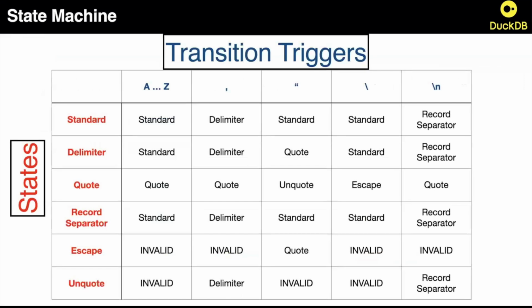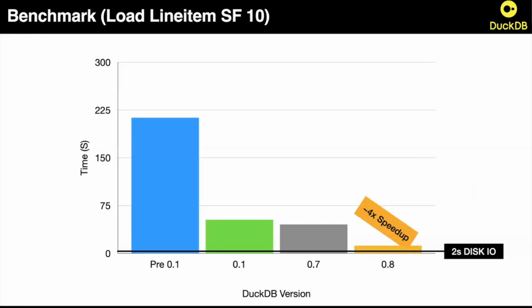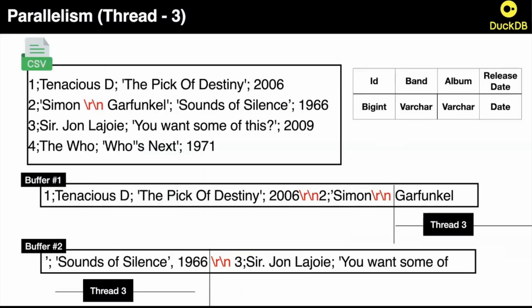Can I ask one more question about this? Yeah, go for it. So when this happens at the end of the buffer, then the thread would just read into the next buffer. Yeah, absolutely. That's a great question. And these are actually one of the worst things that can happen, what I call an over buffer value.